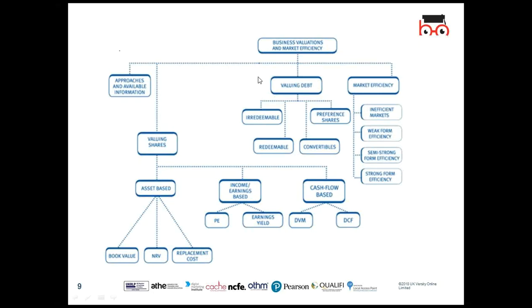Okay. So business valuation and market efficiency: what approaches are available for valuing shares? Asset based: book value, net realizable value, replacement cost. And income and earnings based: price per earnings per share, earnings yield basis, cash flow basis, DVM, the dividend valuation model, and DCF, the discounted cash flow model.